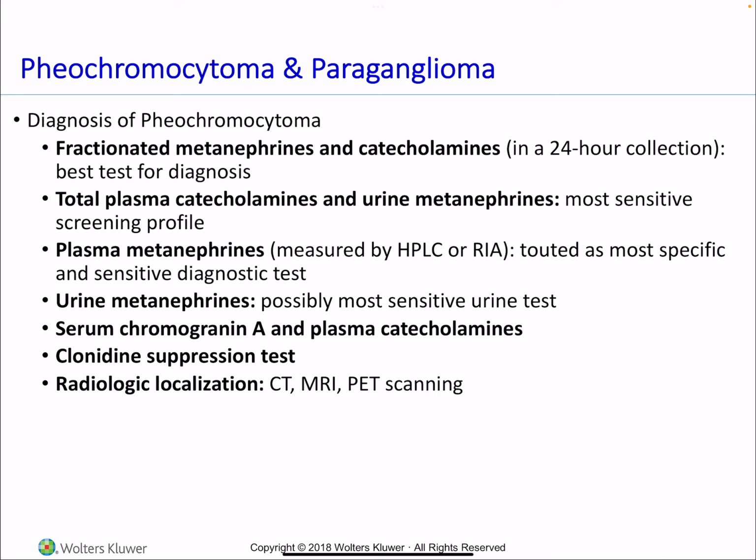We can use the plasma metanephrines by HPLC or RIAs. We can use the urine metanephrines, possibly the most sensitive urine test available for that. Serum chromogranin A and plasma catecholamines can be tested. We can also test the clonidine suppression test or radiologic localization by a CAT scan or an MRI, also PET scans.